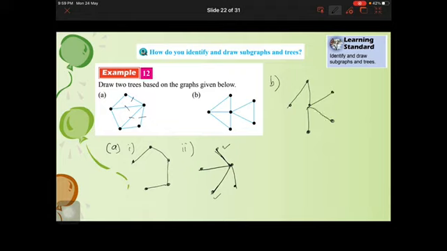So we can check 5 edges with 6 vertices. But you can also check from this point to this point, is there another way to reach? There is only one way, from here to here. Cannot use another way. So you can check your answer.